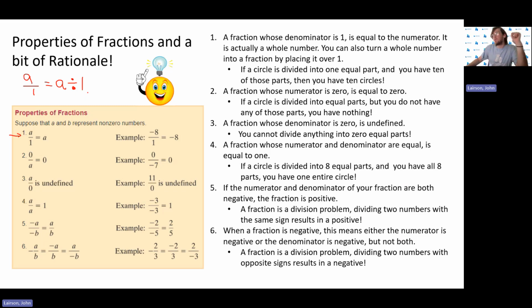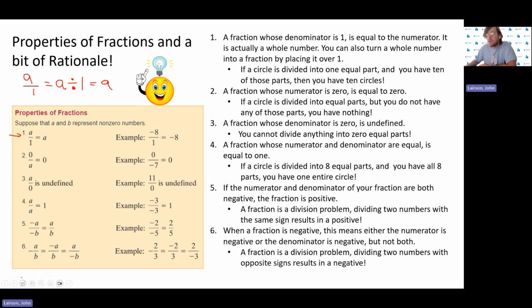Anything multiplied or divided by 1 will always just be itself. So like 2 times 1 is 2. 35 times 1 is 35. And the same thing goes with division. So 35 divided by 1 is 35. So anything divided by 1 is itself, and a fraction is just division. So anything over 1 is just itself. It's just a in this case. So with the example of -8 over 1, this is equal to -8.